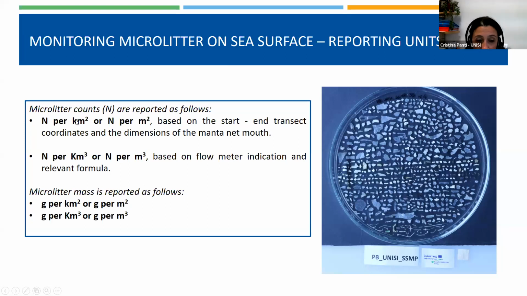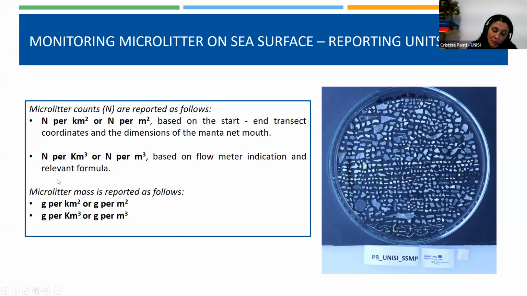Another option is instead to calculate the volume that you filtered, because for each survey you will survey a different volume of water that can be calculated using a flow meter that could be placed inside the net, and then calculate the cubic meter or cubic kilometer.